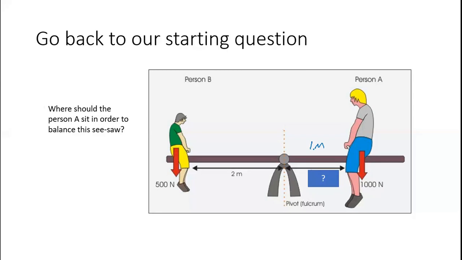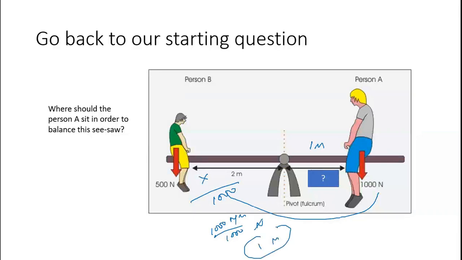Multiply it and divide it by the 1000. 500 multiplied by 2 is 1000 Newton meter, divided by the 1000 Newton. Unit meter, 1 meter. It's easy.